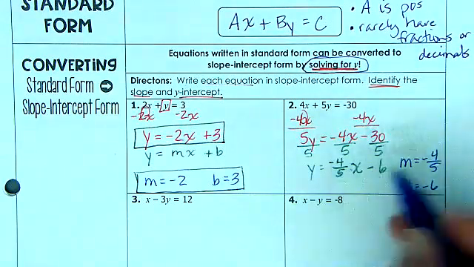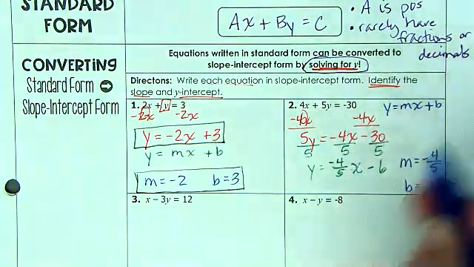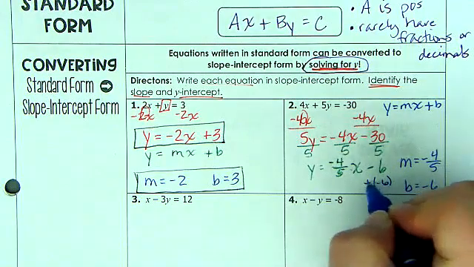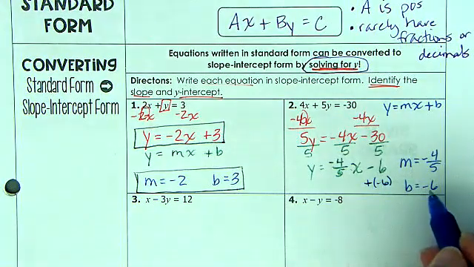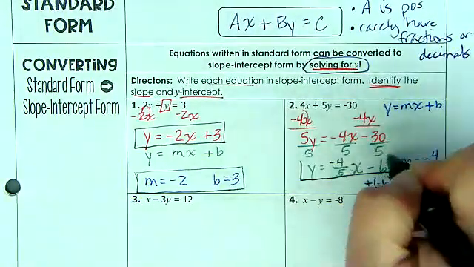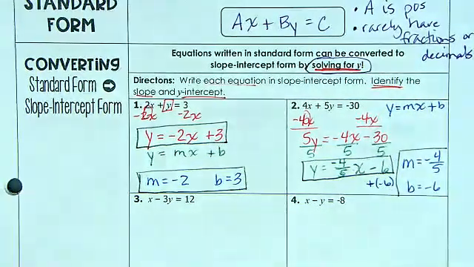Because remember, in the formula, it's y equals mx plus b. So I have to think of this as plus a negative 6 so that I can see that that's a negative 6 that I'm pulling out. So my final answers are the equation and where I pulled out the slope and the y-intercept.